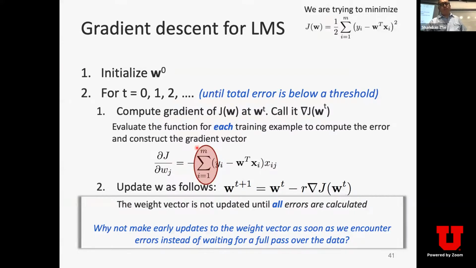Why not just go over one example or two examples, and use that as an approximation of my gradient? I use that approximate gradient to update, right? This is called stochastic gradient, right? So this idea seems crazy, but it has strong theoretical guarantees.